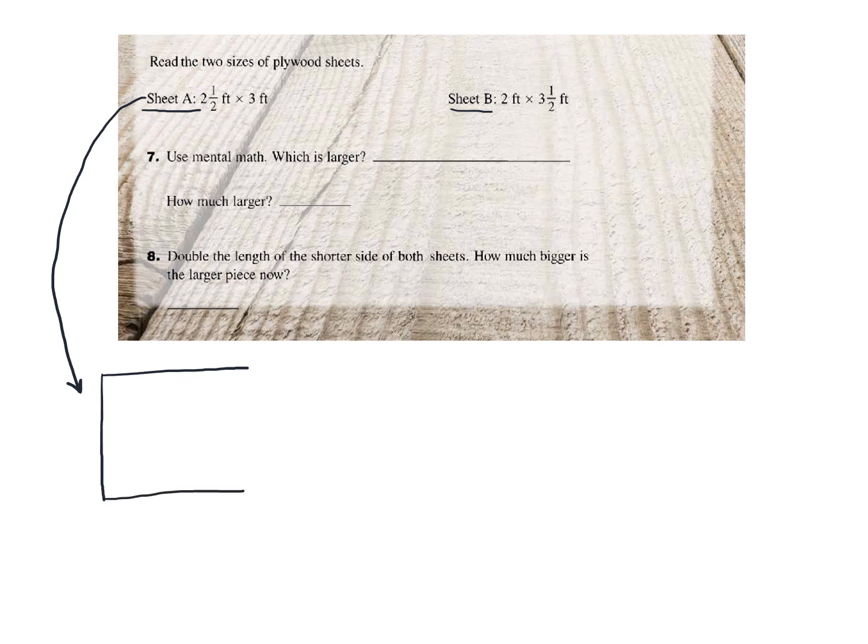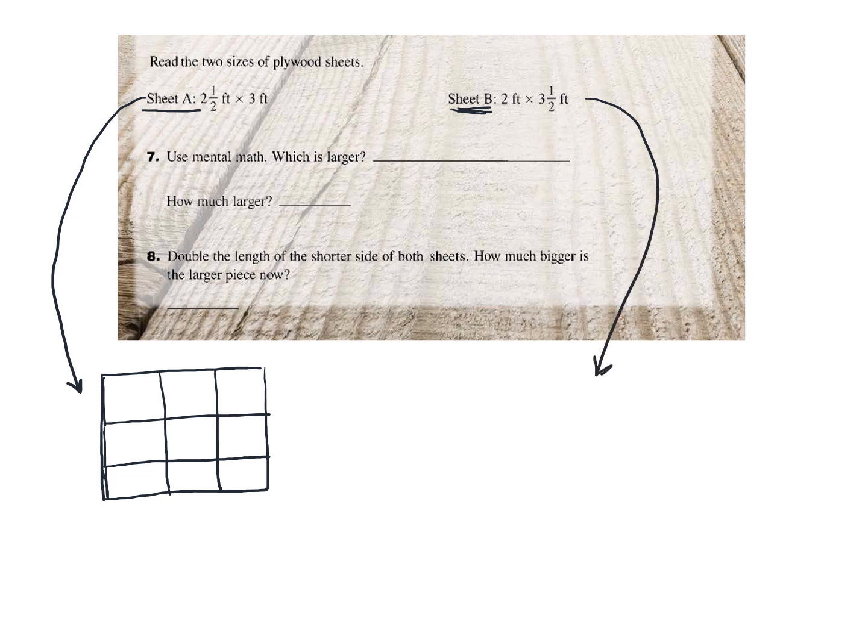So I'm going to draw a box here, and we're going to have 2 feet. So this is 1 foot, 1 foot, and a half of a foot. And then I'm going to divide this into 3 feet. And sheet B is going to be 2 feet, and then we're going to be 3.5 feet.